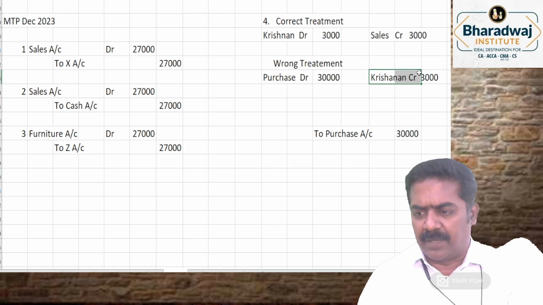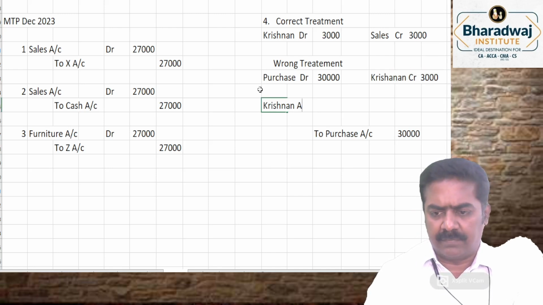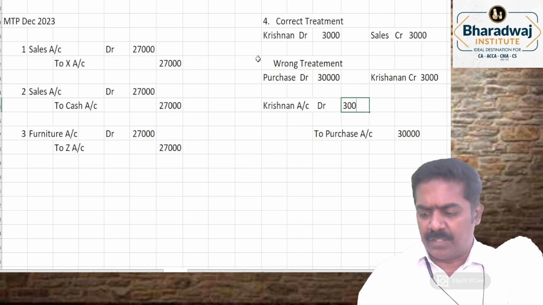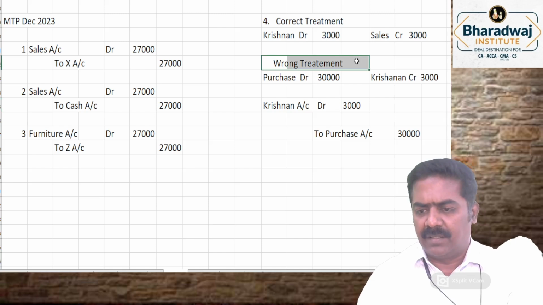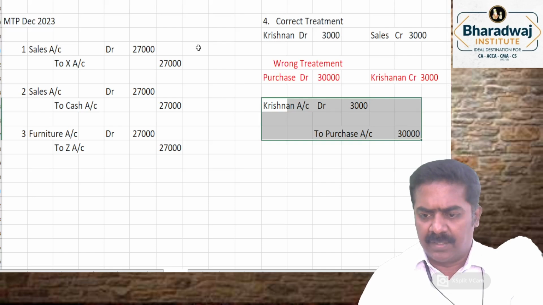Krishnan account credit பண்ணதுன்னா எப்படி ரிமூவ் பண்ணுவீங்க? Wait. What we have done so far is to remove what has been wrong. Wrong treatment remove பண்றது பண்ணிருக்கோம். Whatever has been done wrongly, we just did the opposite to remove. Okay. We debited Krishnan and credited purchases.